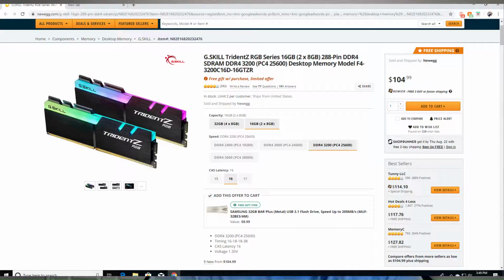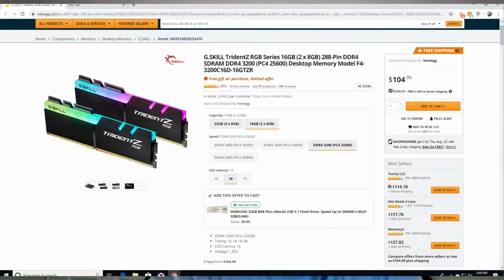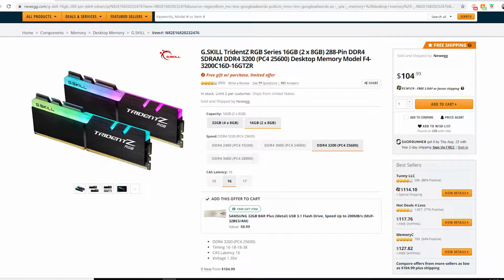As an example, if you were coming across a parts list and you came across, let's say this right here: G.Skill Trident Z RGB series 16 gigabyte (2x8 gigabytes), 288 pin DDR4 SDRAM, DDR4 3200, PC4 25600, desktop memory module F4-3200C16D-16GTZR.